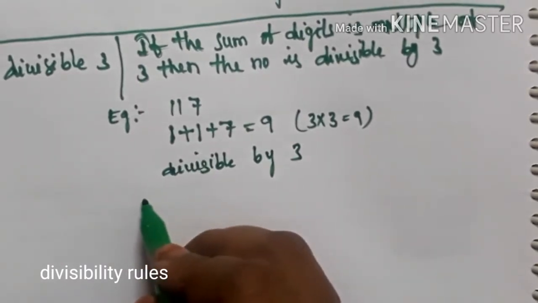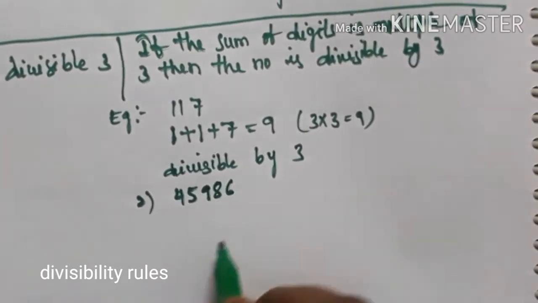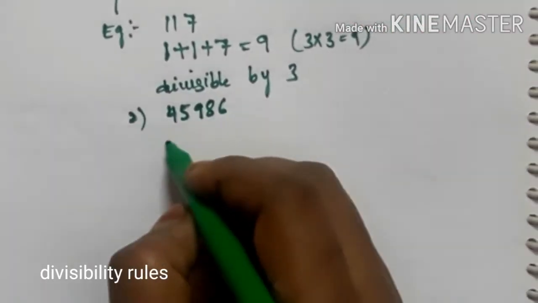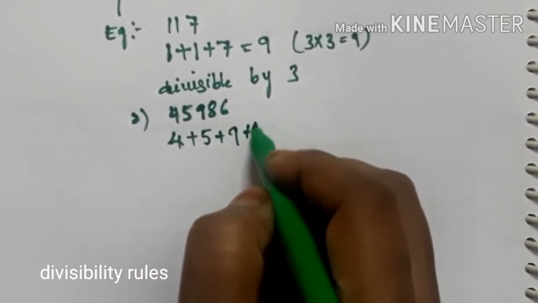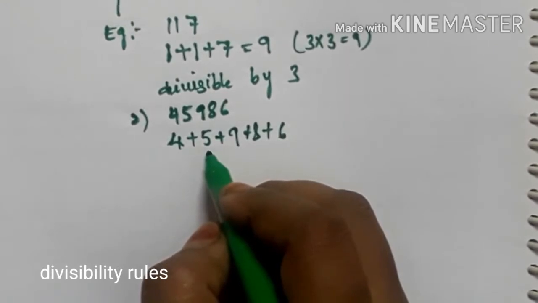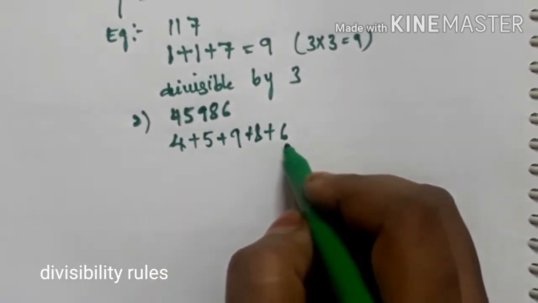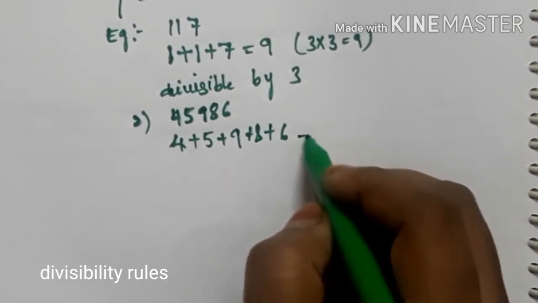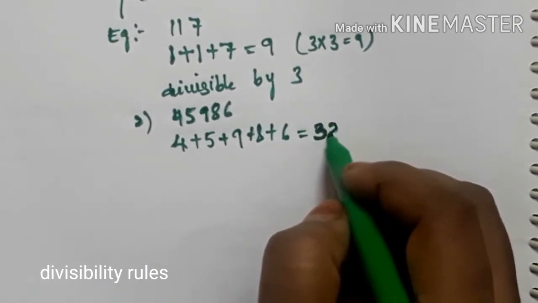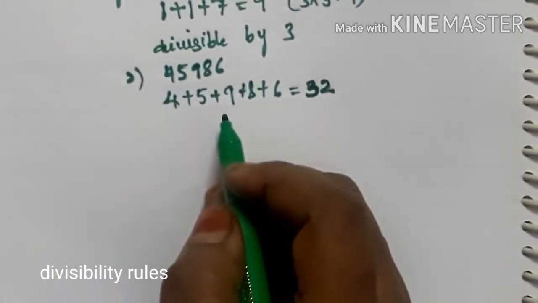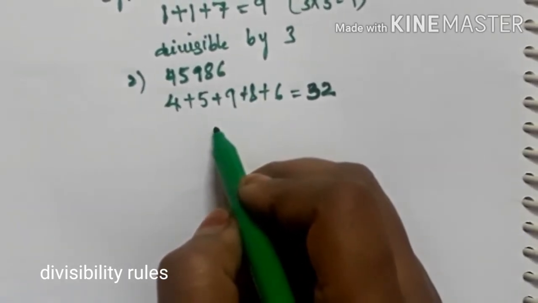Now one more example, 45,986. So add all the digits: 4 plus 5 plus 9 plus 8 plus 6. 4 plus 5 is 9, 9 plus 9 is 18, 18 plus 8 is 26, 26 plus 6 is equal to 32. 32 will not come in the 3 table, so it is not a multiple of 3.